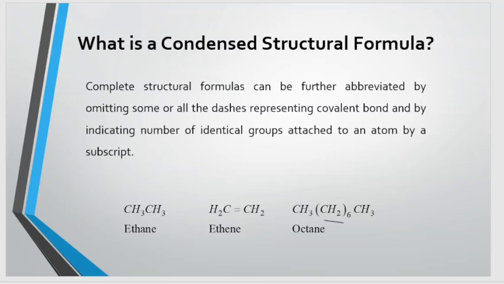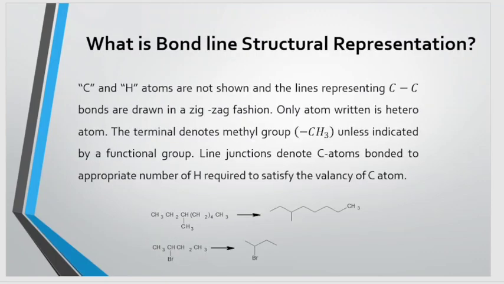Okay, now let us see what the bond line representation is. Carbon and hydrogen are not at all shown in this particular representation. The lines are representing the C-C bonds, which are drawn in a zigzag fashion. The only atoms written are heteroatoms.